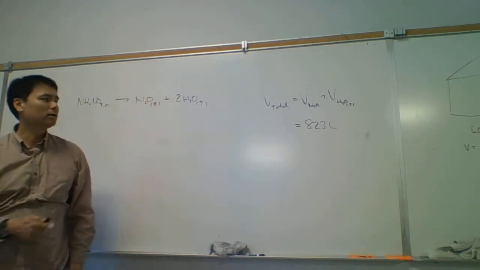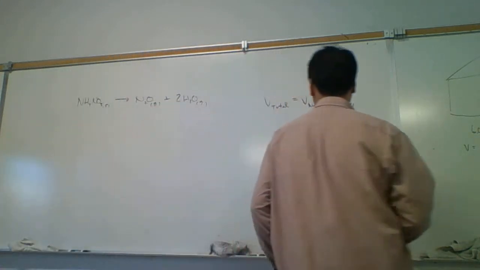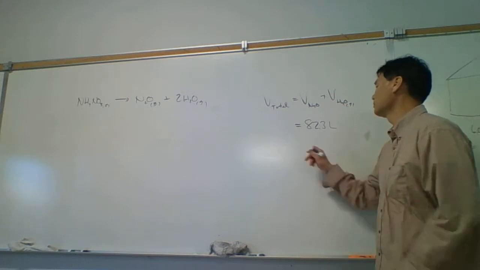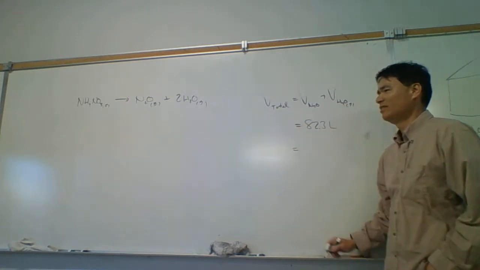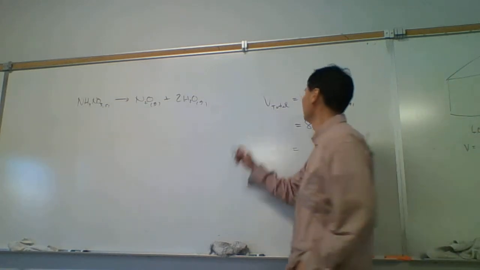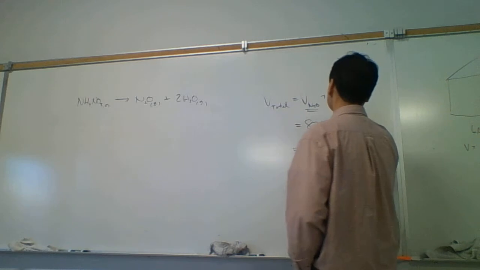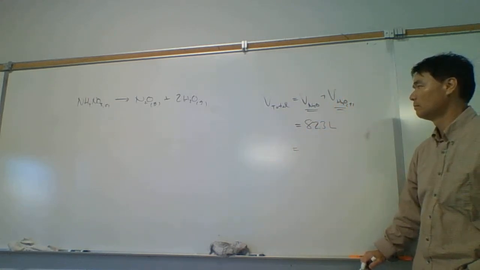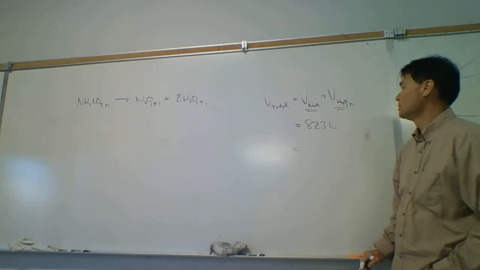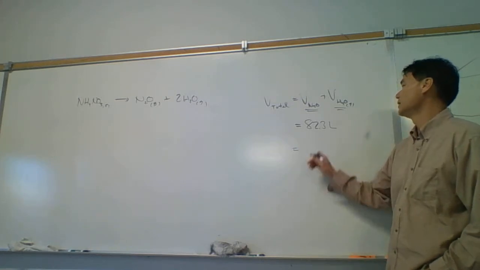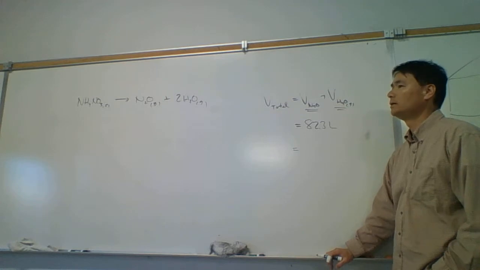And so we can figure out how much by doing a system of equations. In this case, we can boil it down to one unknown. We don't know the volume of nitrous oxide and we don't know the volume of water, but they have to satisfy this relationship. There are different ways we can do this. One way is to call one x and the other 2x.